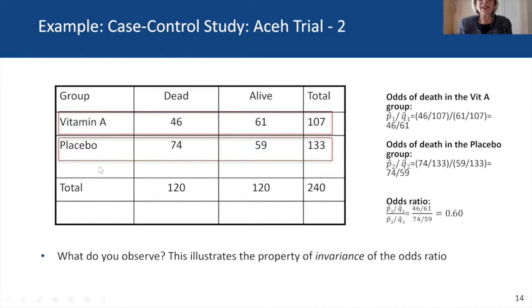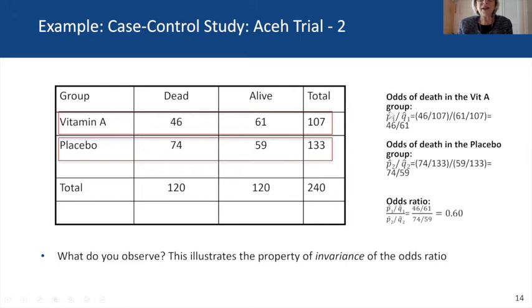But let's look at this in a different direction. This is a 2x2 table, so there are implicit relationships in a 2x2 table. And we could look, instead of what we did on the previous slide, which was looking at the odds of vitamin A, we could look at the odds of death in the vitamin A group and the odds of death in the placebo group.